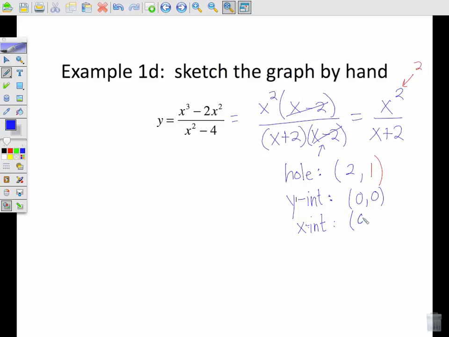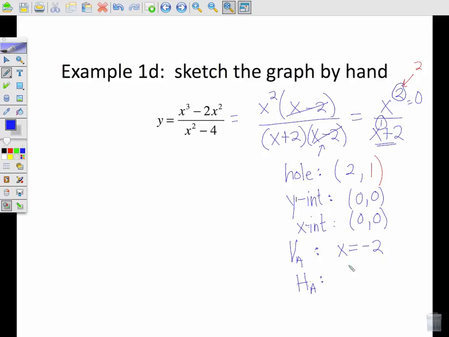X-intercept is simply by letting your numerator equal 0, so that is also giving us the origin. If you let x squared right here equal 0. Horizontal asymptote. Well, let's do the vertical asymptote first. Vertical asymptote, you're looking at your denominator only. So we're looking at x plus 2 here. So that would be x equals negative 2.